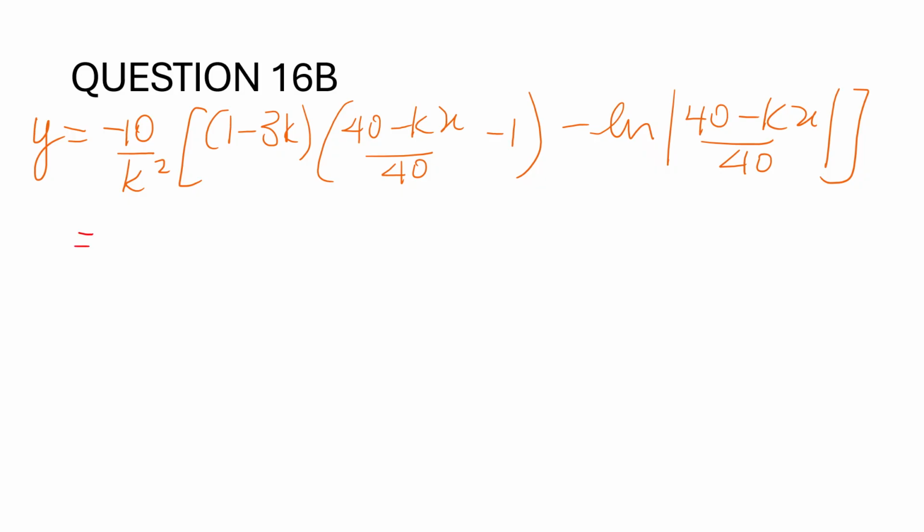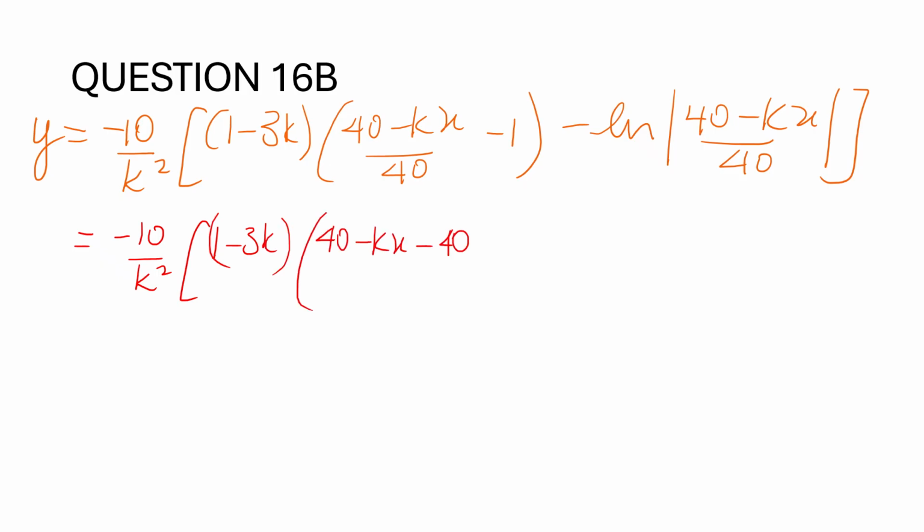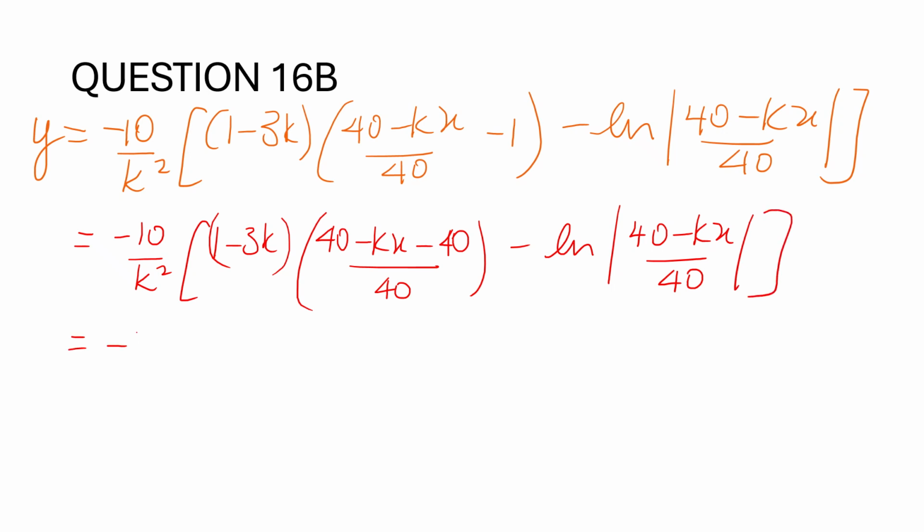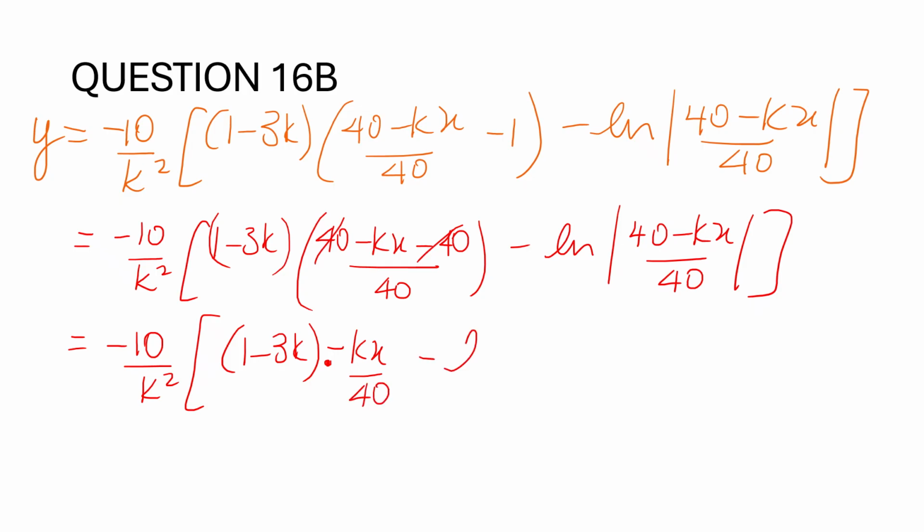Which is equal to negative 10 on k squared, 1 minus 3k, 40 minus kx minus 40 on 40, minus ln 40 minus kx on 40, which is equal to negative 10 on k squared, 1 minus 3k, cancels negative k, so that's times negative kx on 40 minus ln 40 minus kx on 40.